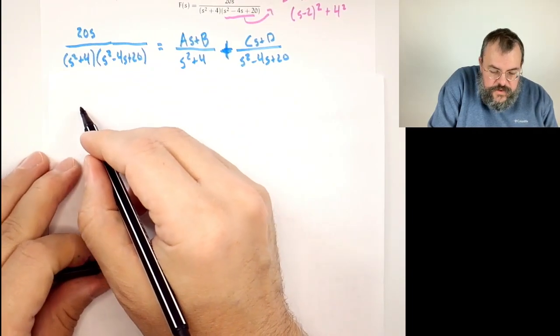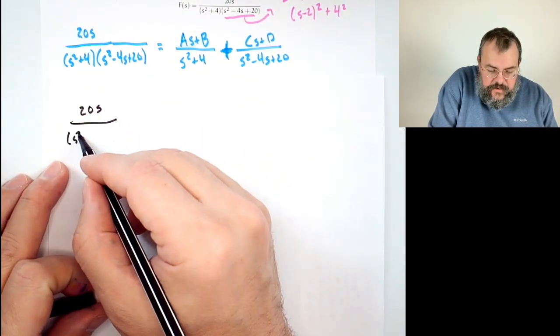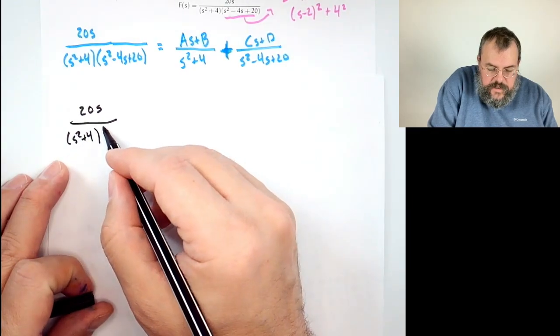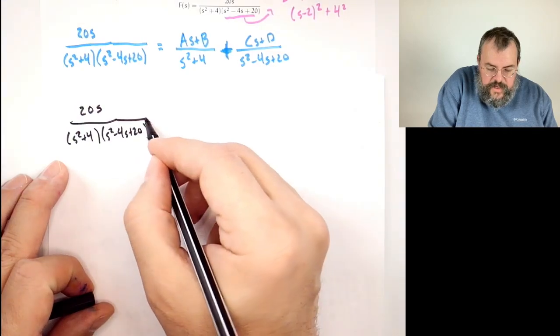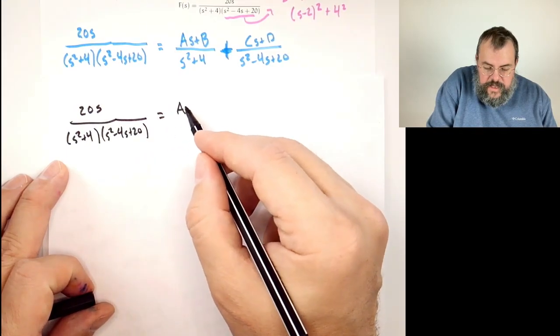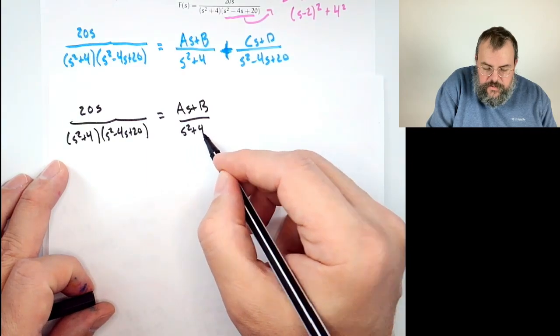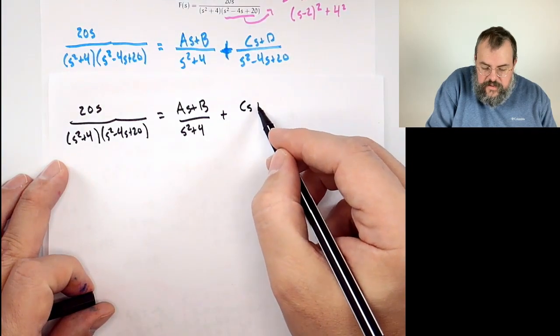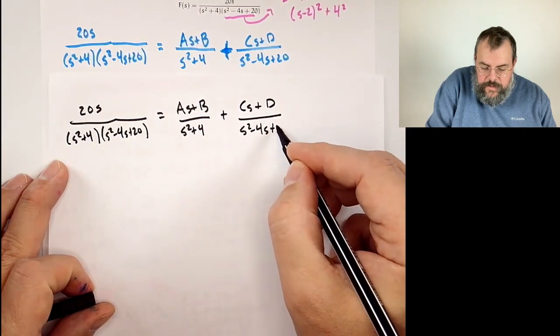We said 20s divided by s squared plus 4 times s squared minus 4s plus 20 has the form as plus b over s squared plus 4 plus cs plus d over s squared minus 4s plus 20.